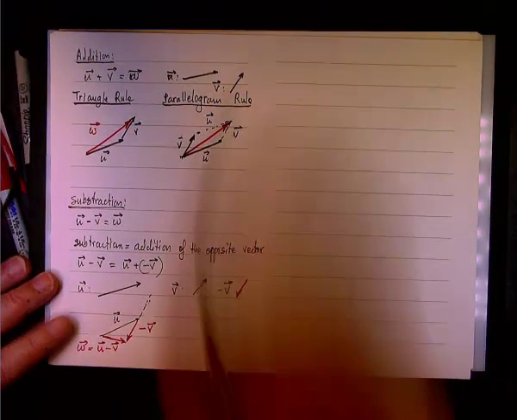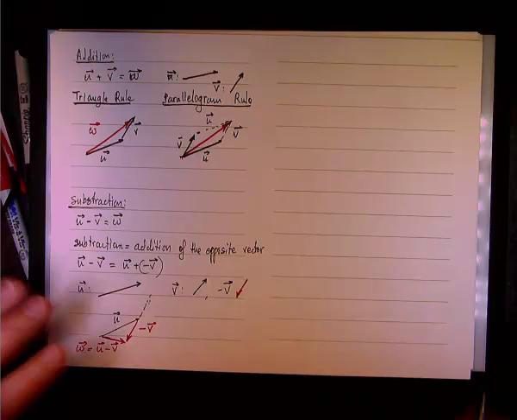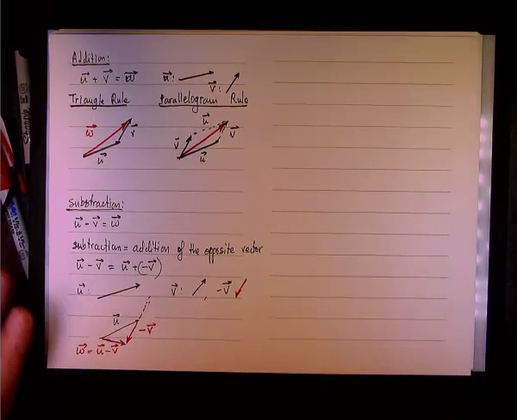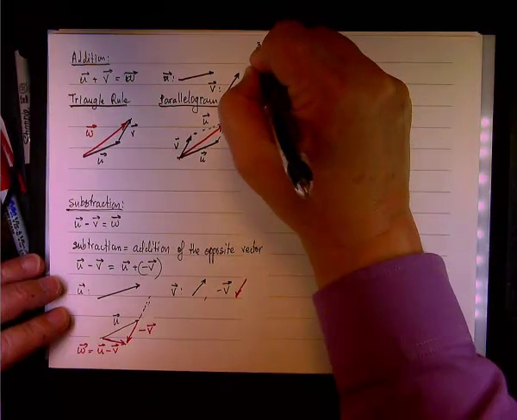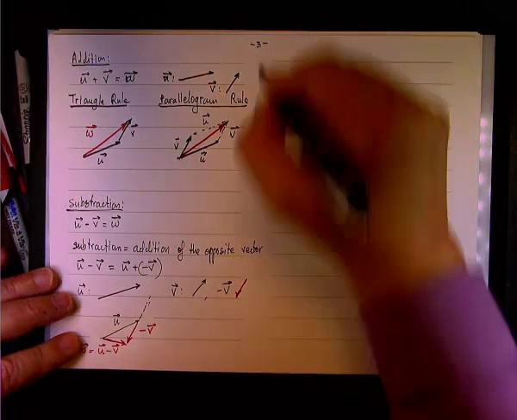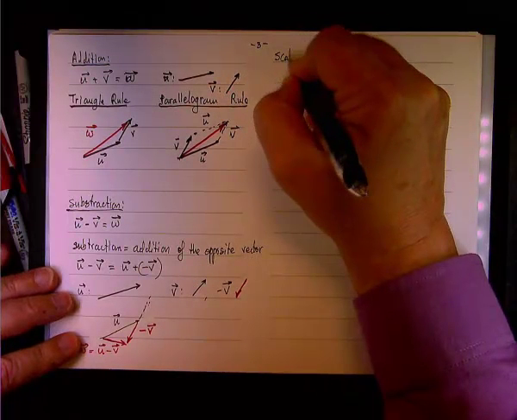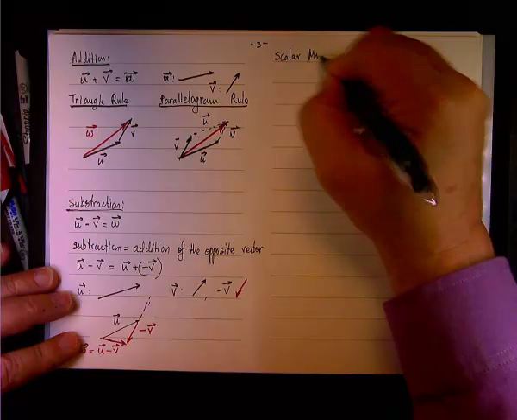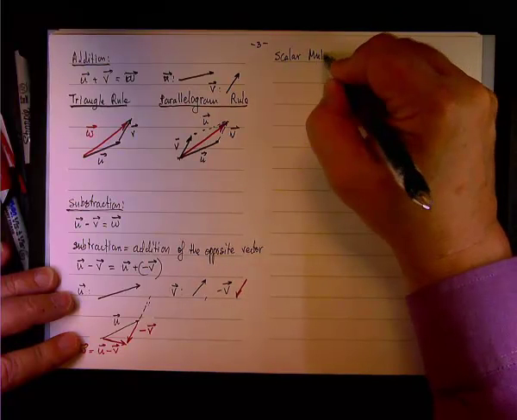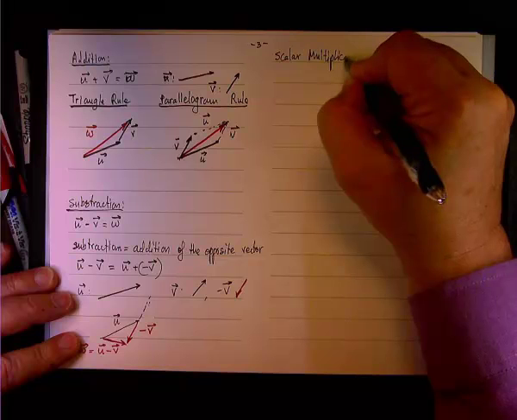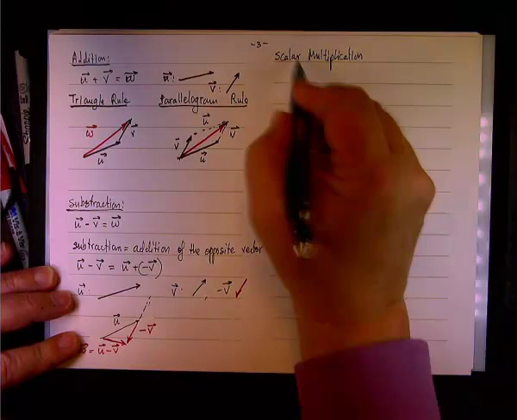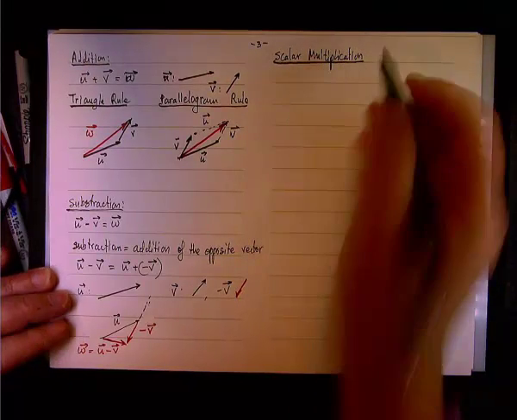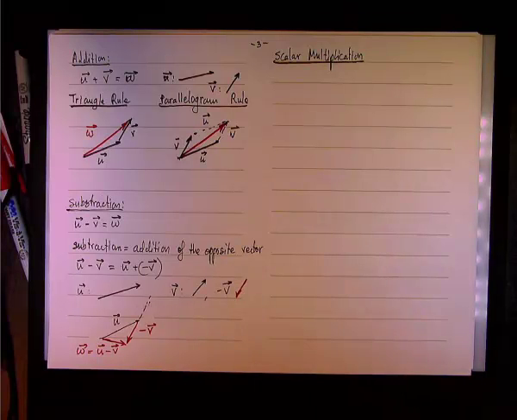Let's talk about scalar multiplication. This is really redundant because you all saw this already either in trig or pre-calculus, so this is simply a little refresher. The word scalar comes from scale.